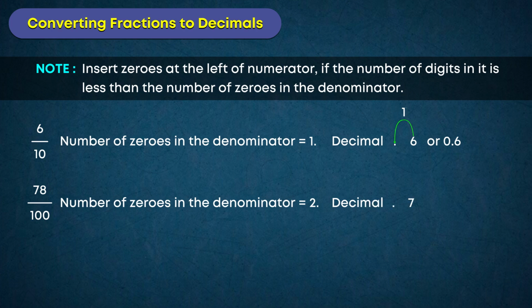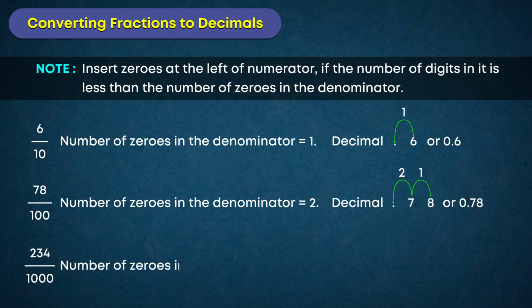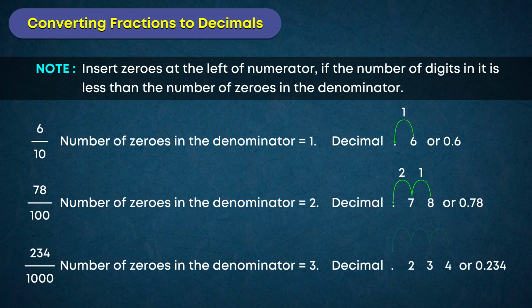Decimal is 0.78. 234 by 1000. Number of zeros in the denominator is equal to 3. Decimal is 0.234.